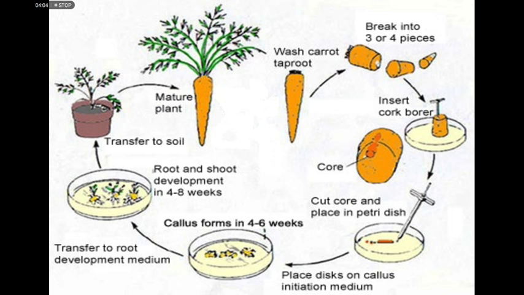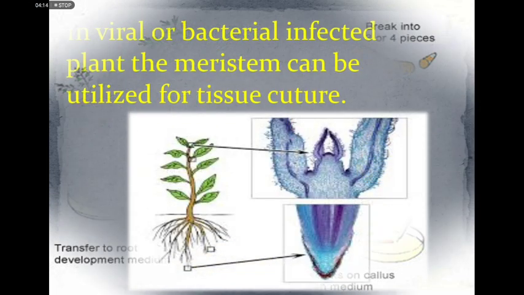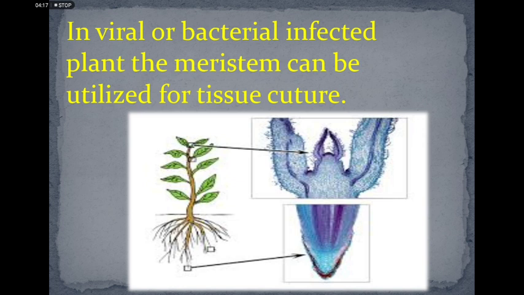Tissue culture and micropropagation are included in the same area, while they have some differences. In a viral or bacterial infected plant, the meristem can be utilized for tissue culture. Meristem means the newly produced cells, like root apical meristem and shoot apical meristem, that you have studied in earlier classes. This meristem is not infected with the virus or bacteria because they are newly produced cells.